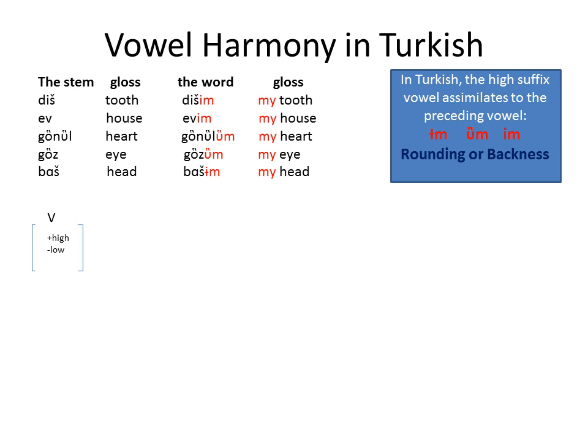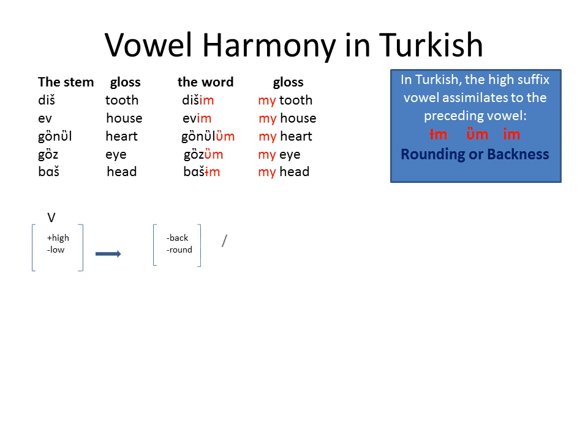We don't know whether it is back or front, and we don't know whether it is round or unround. What we know about the underlying representation of this vowel that will undergo the change is that it is a high suffix vowel. Therefore, it is plus high minus low. It becomes minus back and minus round.